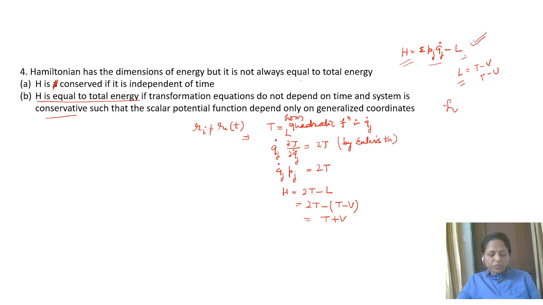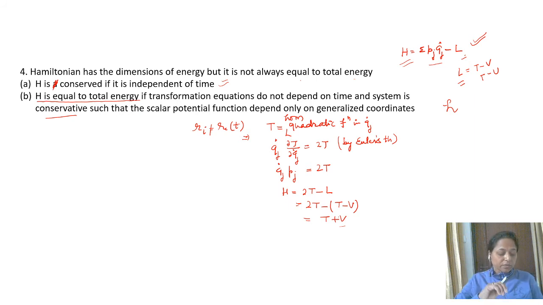So if the transformation equations are not depending on time and system is conservative, then H is equal to total energy. Now if I add this condition also, that means H is also independent of time, then it will be conserved as well. So I get the result that H is equal to total energy and is conserved, right?